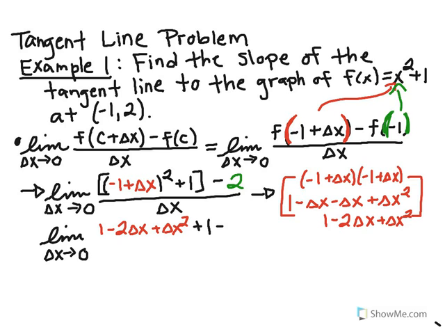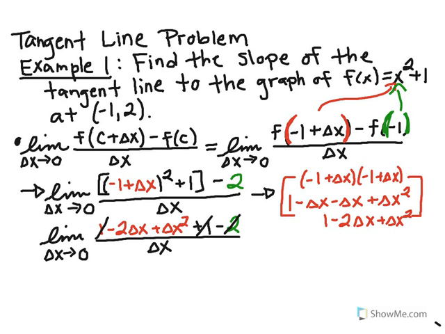I don't need those parentheses anymore because everything that needs those parentheses is taken care of. The grouping symbols no longer are really going to change anything. And that's all over delta x. All right, so we can cancel a few things out here. For instance, this 1 plus this 1 gives me 2, and then I subtract 2. So all of these constants actually cancel each other out, which is really nice.